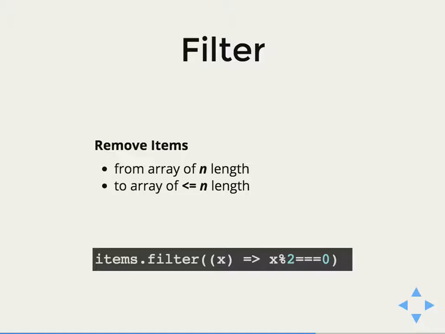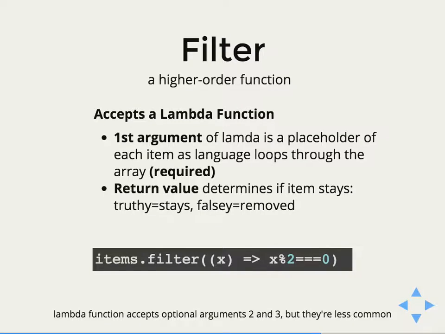Okay, let's do the example, or more of the definition. Maybe we'll clear it up. But stop me if you're not getting it, because filter's a good one. So filter's a higher order function, accepts a lambda function just like map. The first argument in your lambda function is a placeholder for each item that it's looping on.